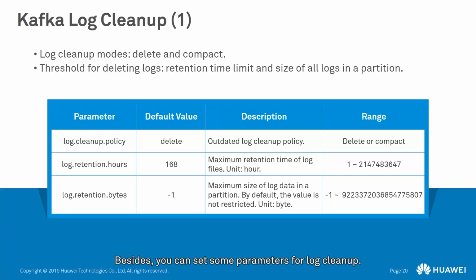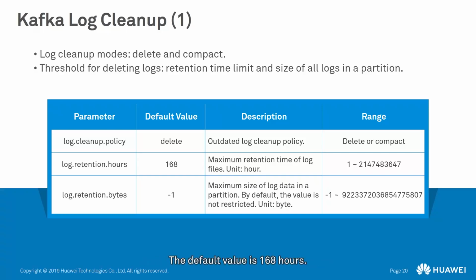Besides, you can set some parameters for log cleanup. The log cleanup policy parameter is to choose the way of log cleanup, defaults to delete. And there are 2 other parameters. This one is used to set the number of hours to keep a log file before deleting it.